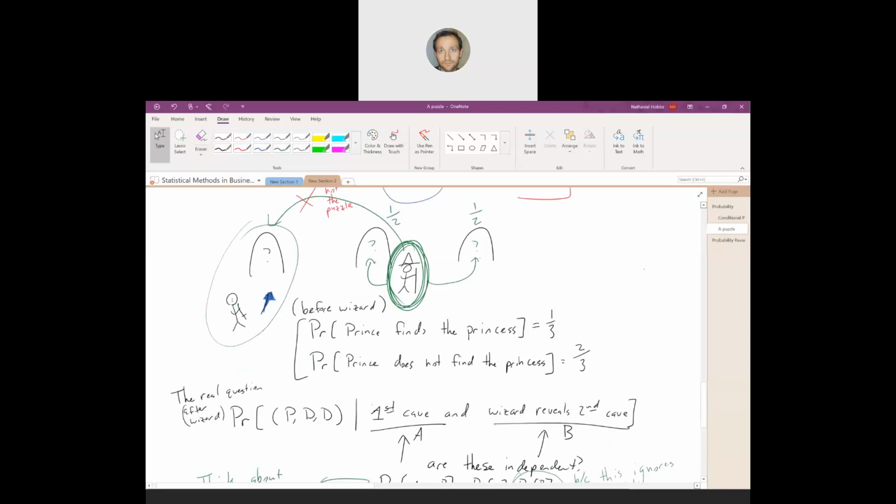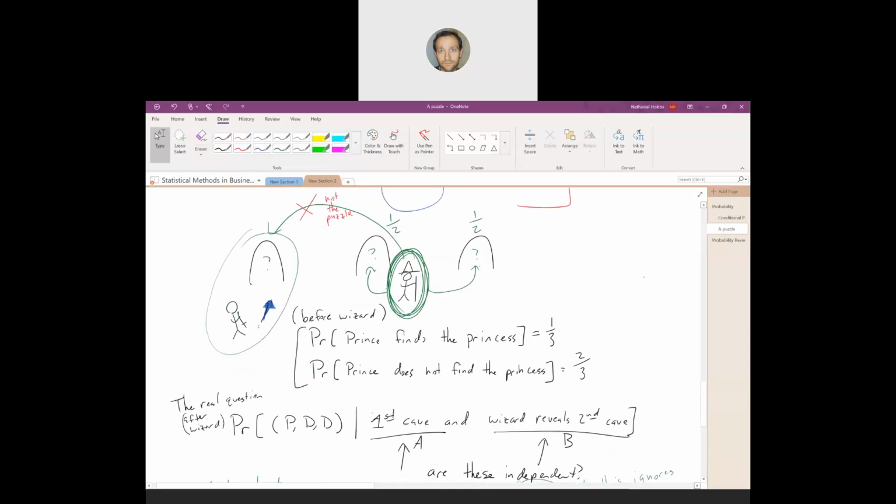And now, given that the knight chose the first cave, what is the probability that the wizard chooses the second cave? It's still 2 caves.